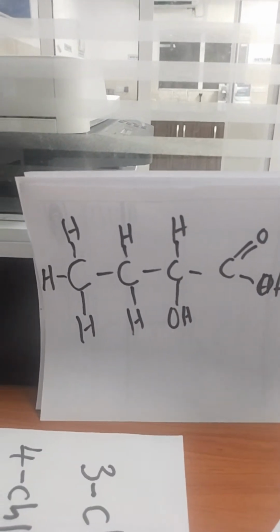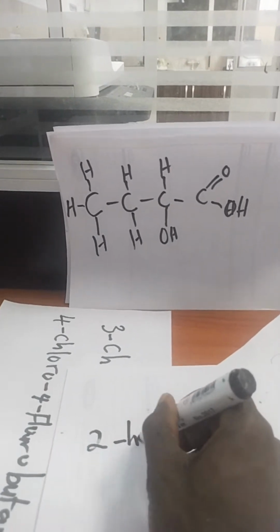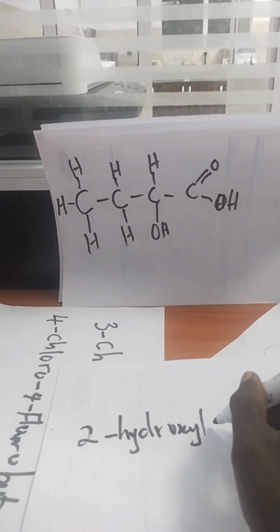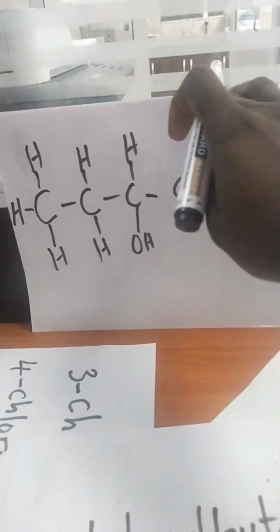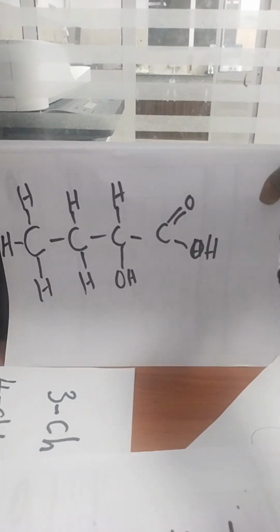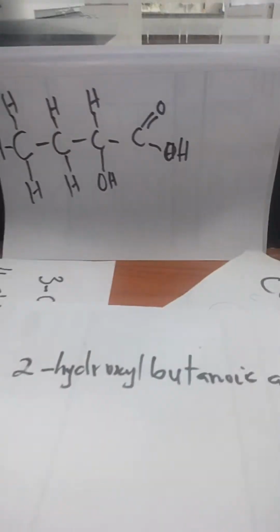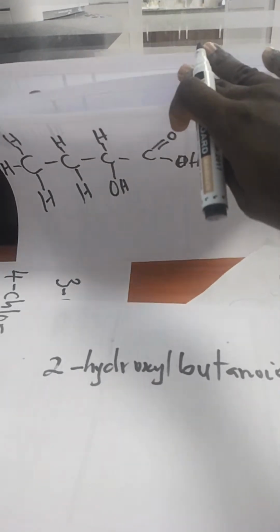The name of this compound will be 2-hydroxybutanoic acid. That will be the IUPAC name, 2-hydroxybutanoic acid.